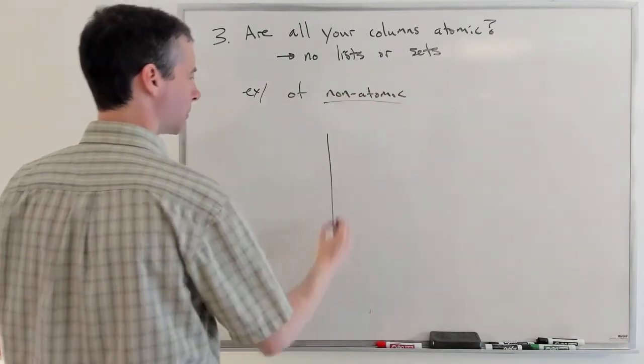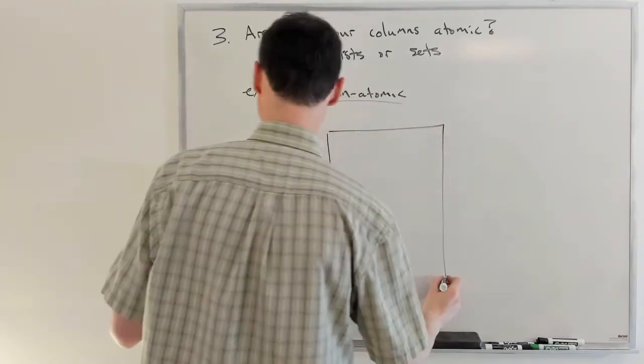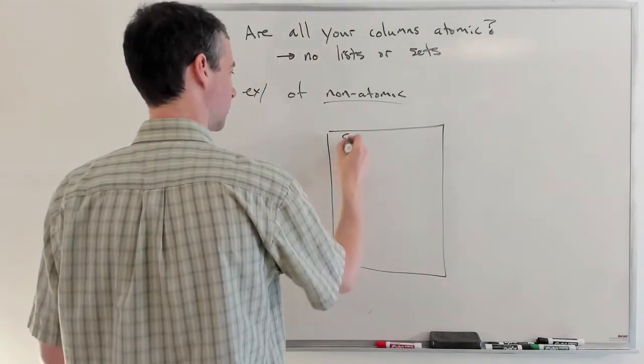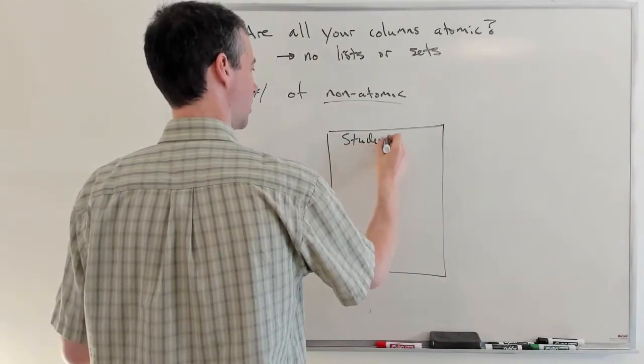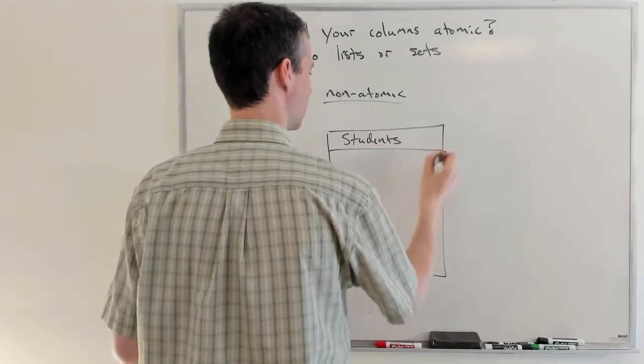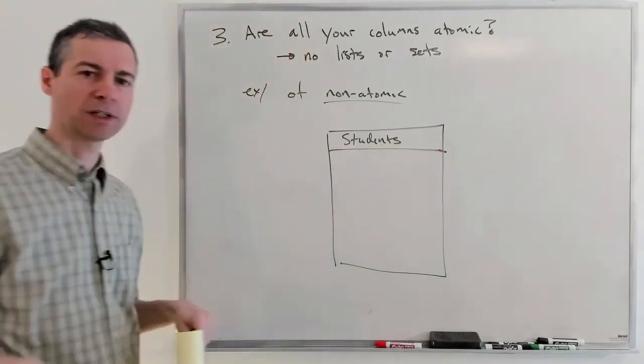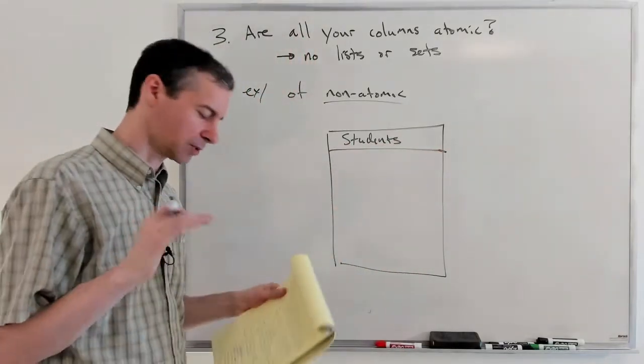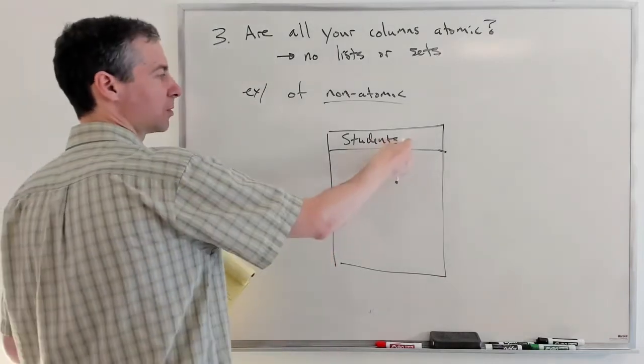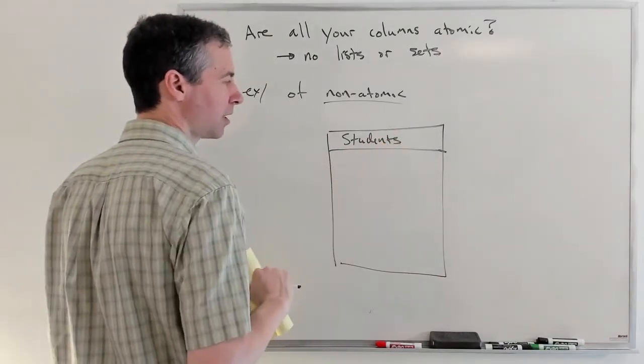I'm going to have some really simple table, some entity set. It's going to be called students. This is a way of writing this that we haven't quite seen yet, but we'll get into it. We write our table name up here.